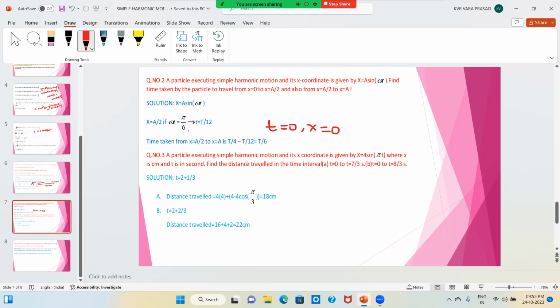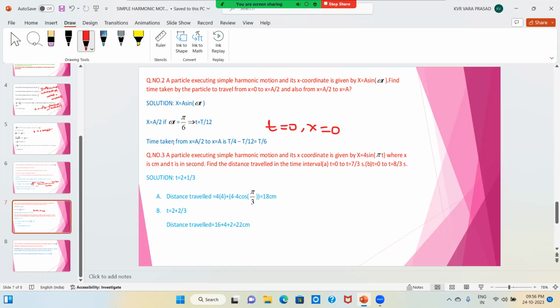That is what we have taken here, pi by 6. Now in the place of omega, we write 2 pi by capital T, where capital T stands for time period. Then we get t equal to T by 12. So it is a very simple one. So the time taken from 0 to a by 2 is T by 12.